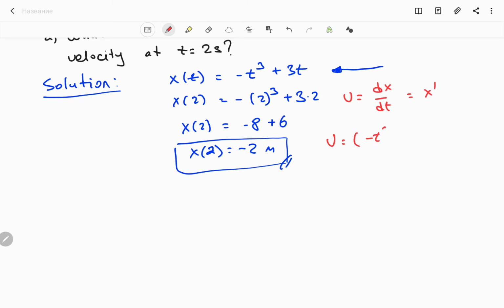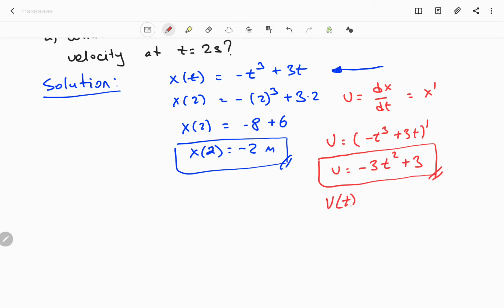So minus t cube plus 3t, let's differentiate it with respect to time, and it will be negative 3t to the power of 2 plus 3. So this is our equation for velocity. Velocity changes according to this equation.